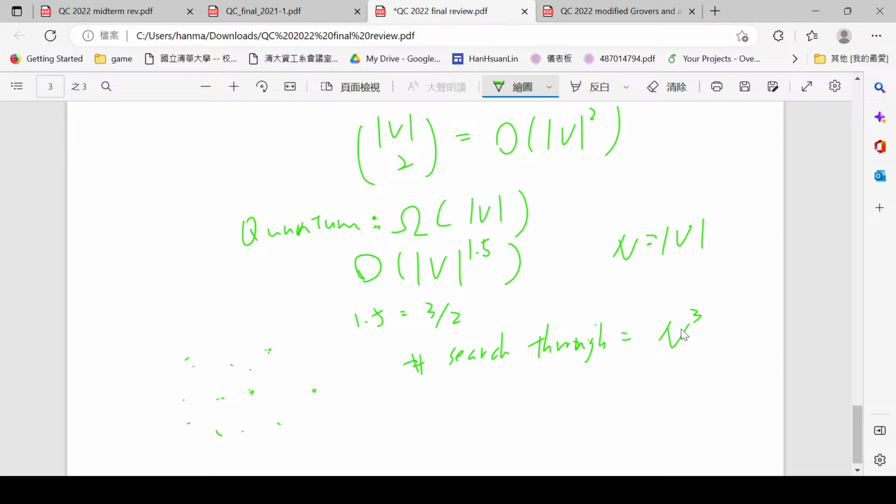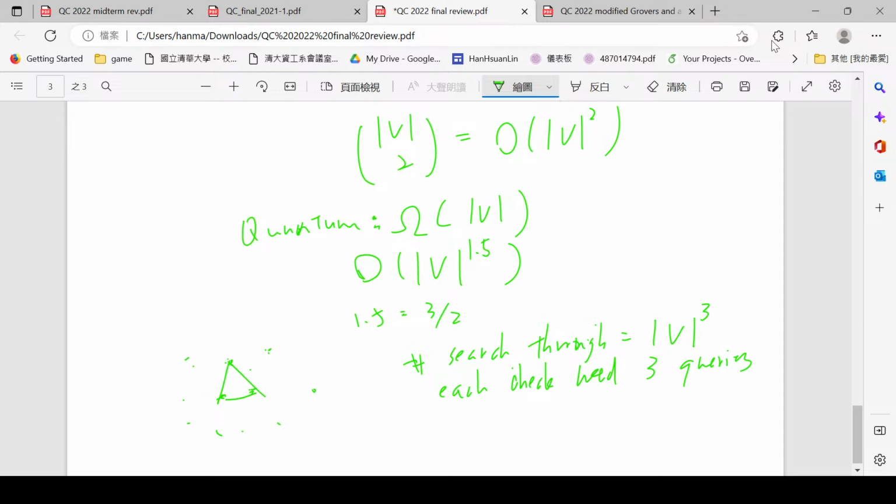So the number is v cubed. If you want to check whether three points form a triangle, each check only needs three queries. You can query all three edges to see if they form a triangle.